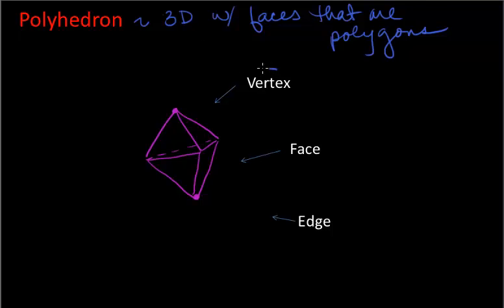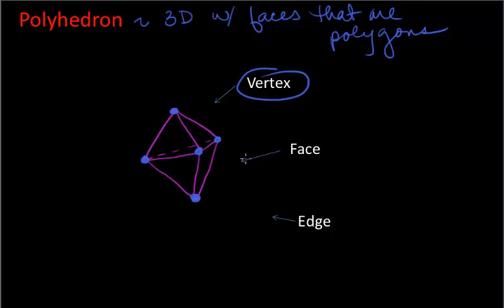I just drew a simple one here, and I want you to be sure and know what these words mean. Vertex. The vertices are the points where the faces meet. So we can see this one has 4 vertices. Again, this drawing is off because I had to draw it by hand.